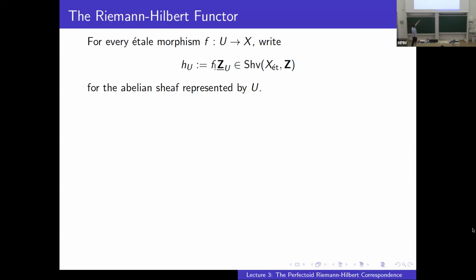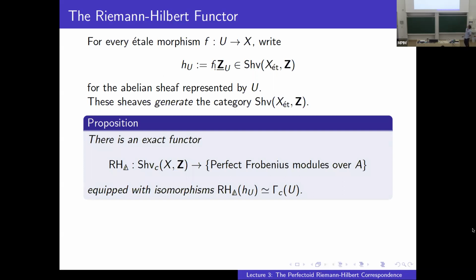All right, so notation, anytime you have something étale over X, I'm going to write HU for the abelian sheaf, which is represented by U. So now I'm going to take the constant sheaf with value Z on U and extend it by 0 to X. So those are generators for the abelian category of abelian sheaves on X. And now I claim that there's an exact functor, which I'm going to denote by RH prism.